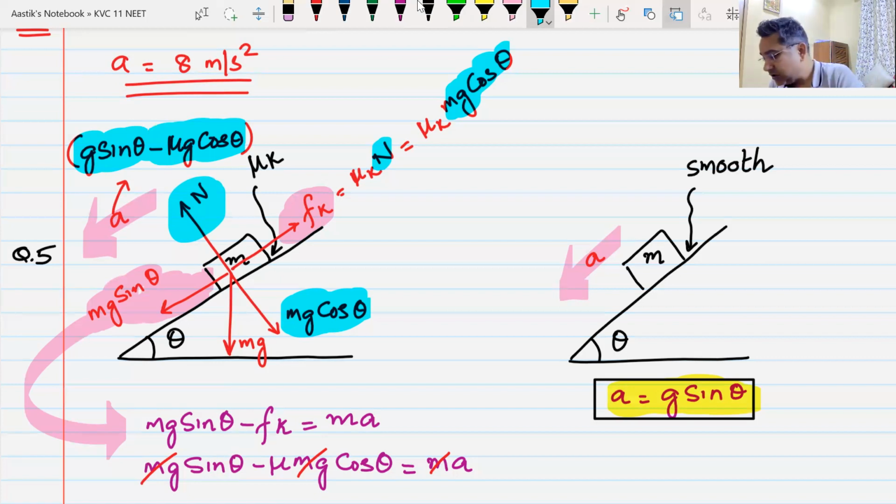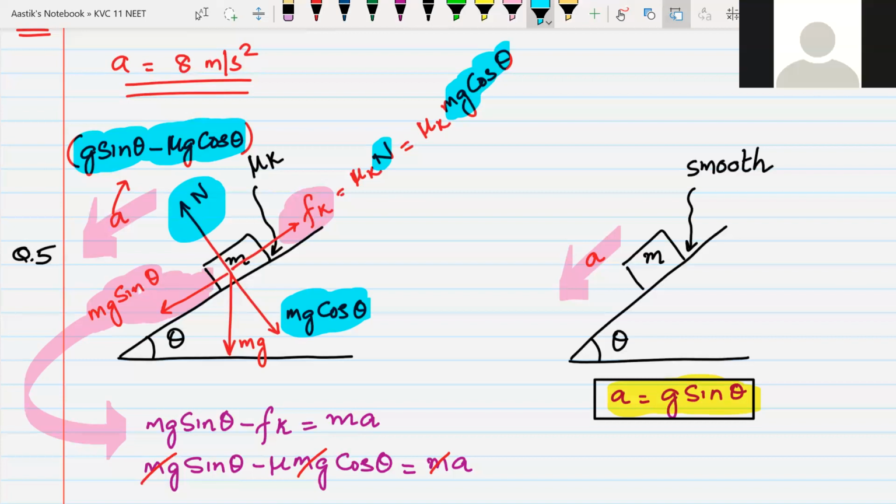I'll give you a minute to note it down. Both the cases, you can write them together. You can get questions on both. Case number 1, the friction case, may be a bit tough to come in the exam, but the smooth case has come many times in your exam. Please note it down.